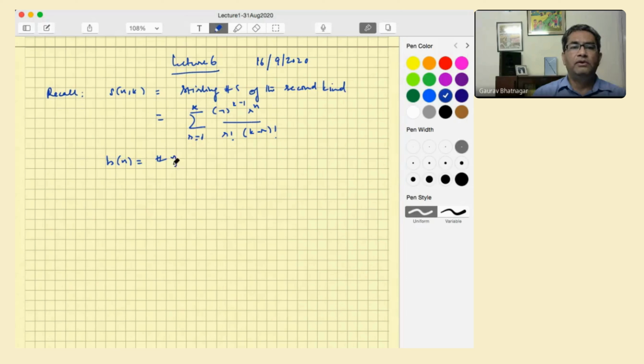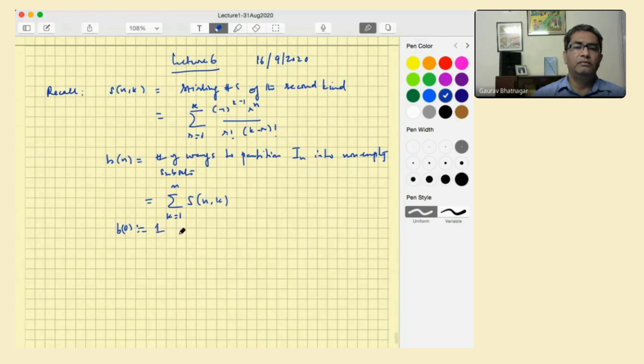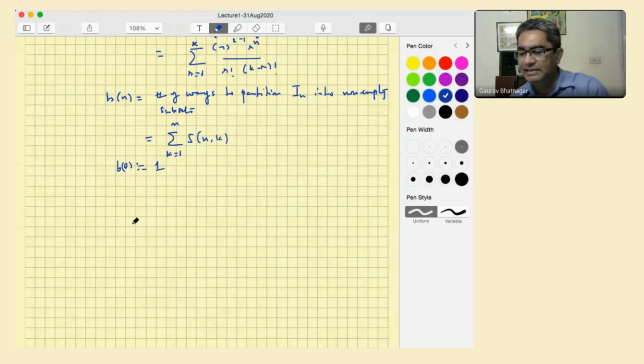This was the number of ways to partition a set into non-empty subsets. And this is essentially the sum, k going from 0 to n. And B0 was defined to be 1. So this was last time.